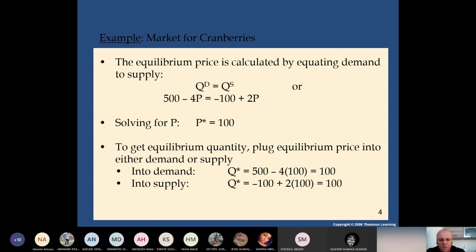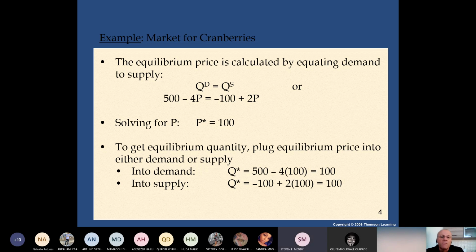We put these two equations into the equilibrium position: 500 minus 4p is equal to minus 100 plus 2p. We do this because we are trying to find the equilibrium price and equilibrium quantity. Therefore, these two equations should be equal where they intersect each other. When we move the intercept minus 100 to the other side, it becomes positive, so 500 plus 100 is 600.